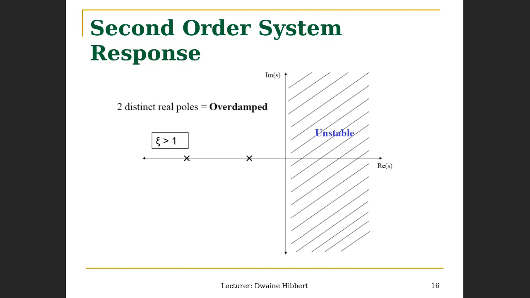So let's start out looking at a situation where we have two distinct poles. That's one possibility.